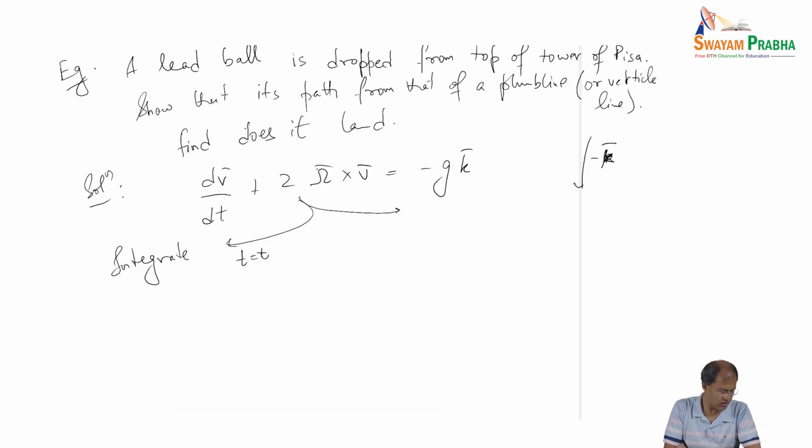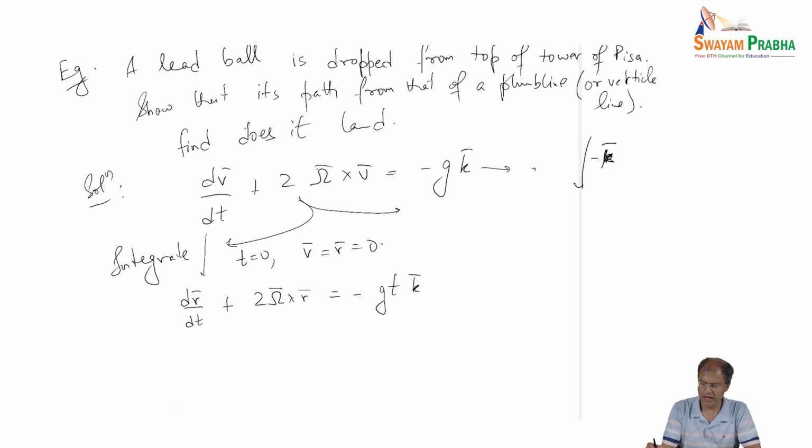So at t equal to 0, v is equal to r is equal to 0. So what we get is that dr/dt plus 2 omega cross r is minus g t k. We have integrated this, let's say equation a, and we get plus a constant of motion, and we can further use our initial condition at t equal to 0, the velocity and the position are 0. Let's say the base position is our starting position, and we drop the constant c.